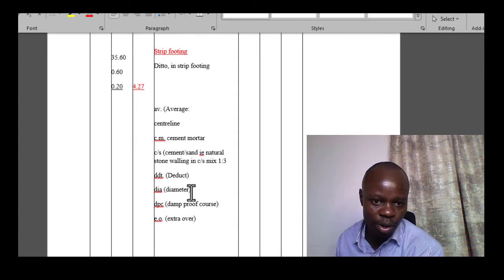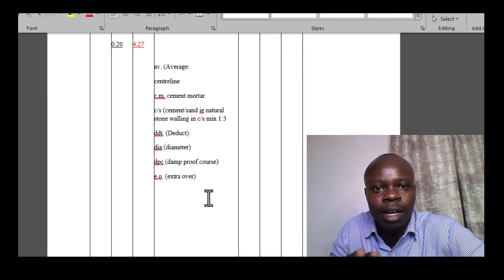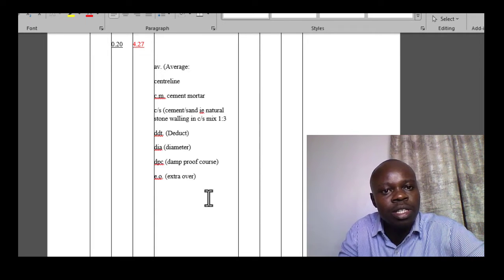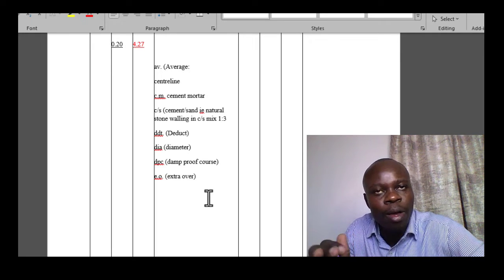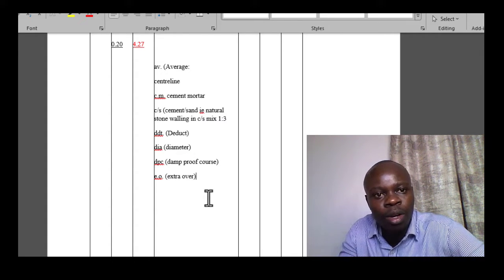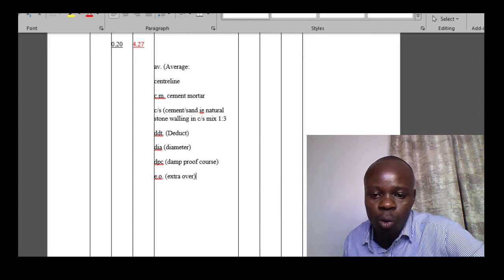Okay, so we have talked about extra over in one of our previous sessions, and I explained that extra over implies items that, for instance, when you are describing the ceiling, you describe the flat area, but then there are those designs, for example the bulkhead, which will also be measured as an additional item on top of what you've covered for the flat surface. So in that case, you have an extra over item. So you can always express it in abbreviations as E dot O.